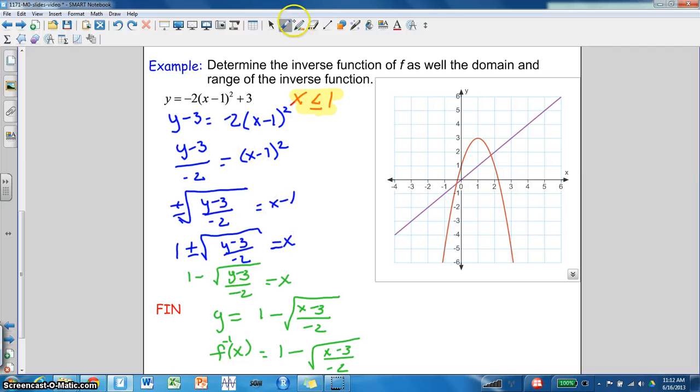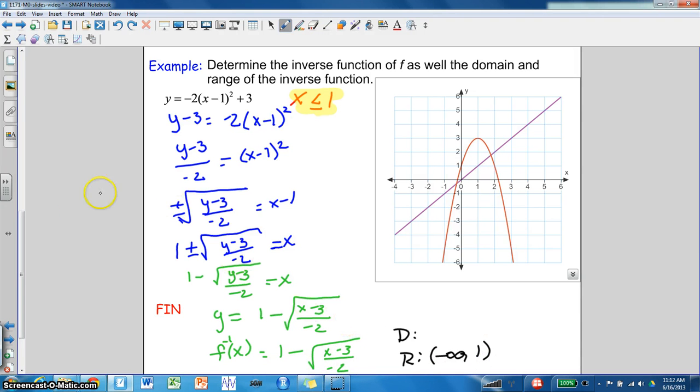And then the last thing that I need to do is to determine the domain and range. Well, I'm being given that the domain of the original function is x less than 1. So that's actually the range of the inverse. So that's negative infinity to a positive 1.